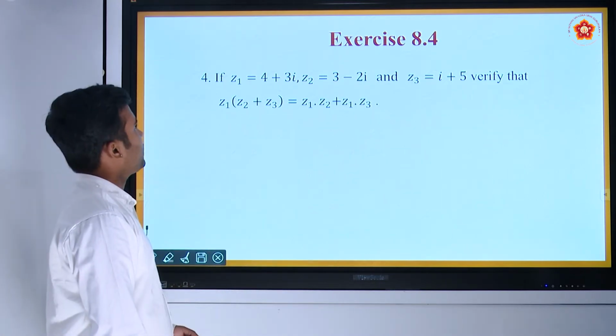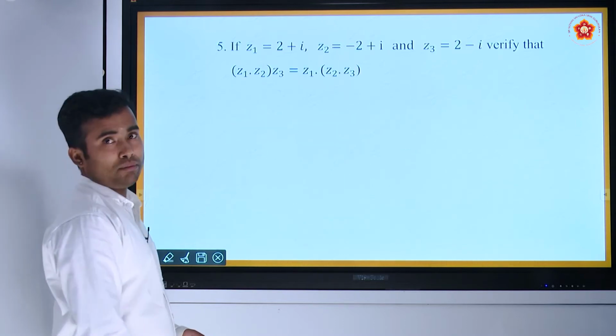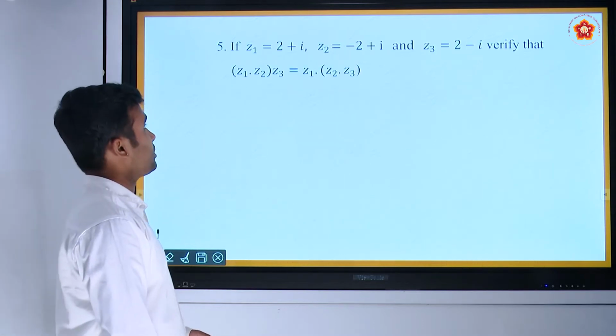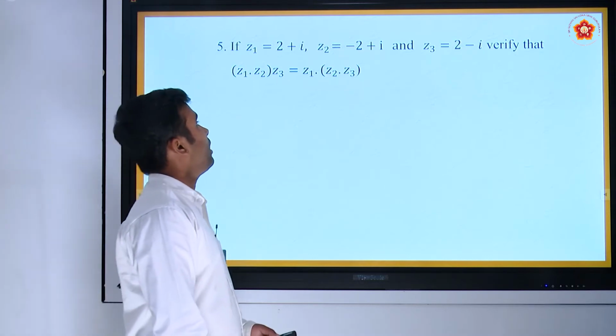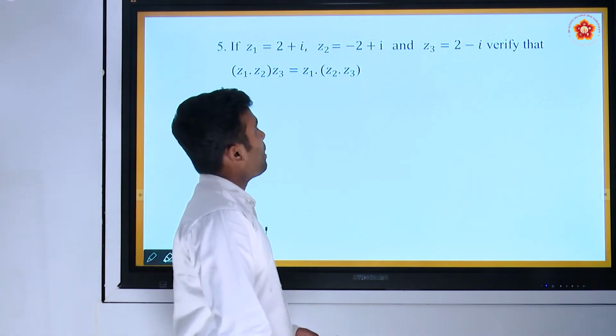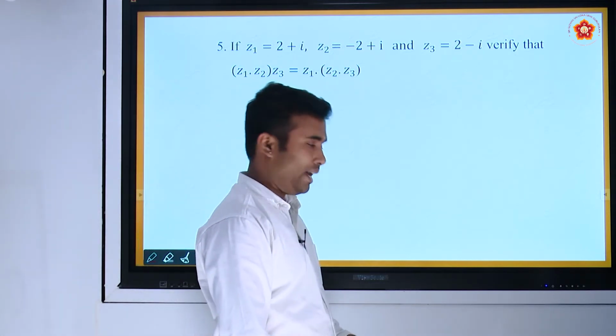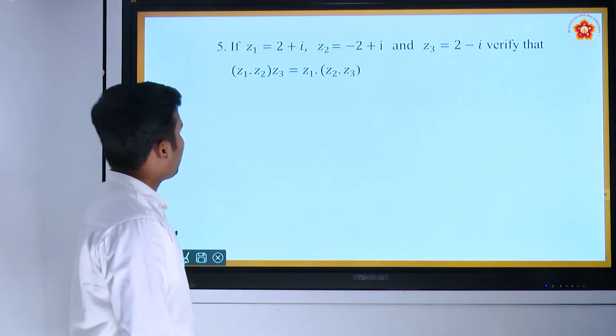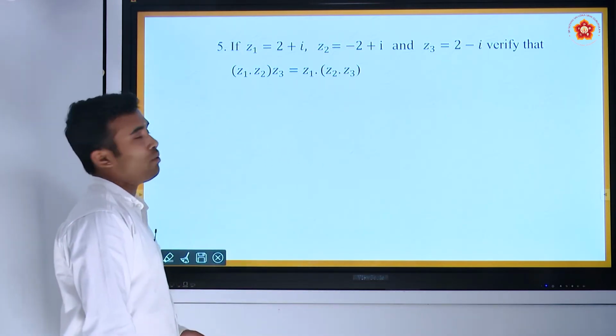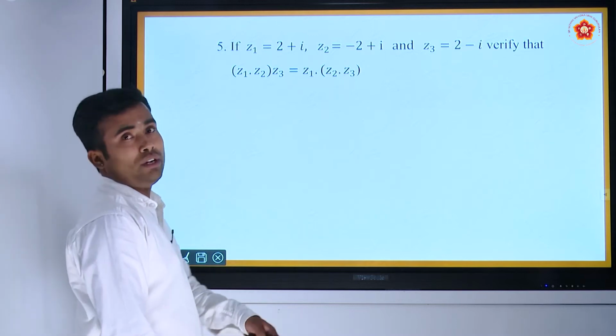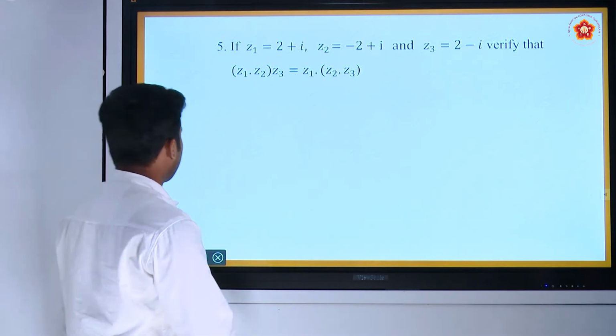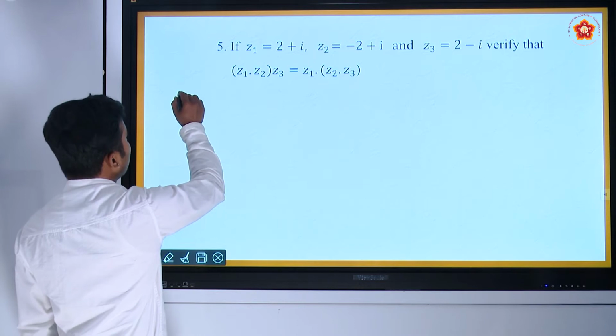Next we have another similar problem, in which Z1 is 2 plus i, Z2 is minus 2 plus i, and Z3 is 2 minus i. And we have to verify that Z1 into (Z2 into Z3) is equal to (Z1 into Z2) into Z3. This is what we have to verify. In a similar way, we have to do it.